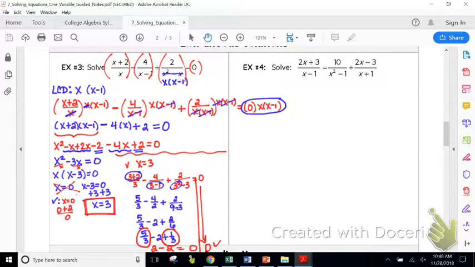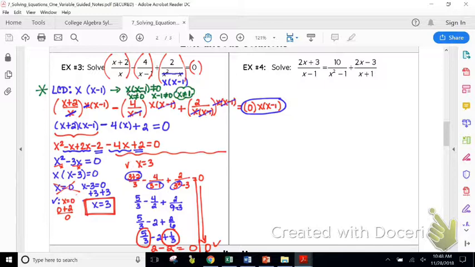So just like on this one here, I'm just going to do it real quick up here. I'm back up, where it says least common denominator up there at the top. I'm going to put a little green star up there. If I would have said, okay, then I know that the restriction is that x times x minus 1 cannot equal 0. That would have told me x cannot equal 0 and x minus 1 cannot equal 0, which would have meant x could not equal positive 1, correct?